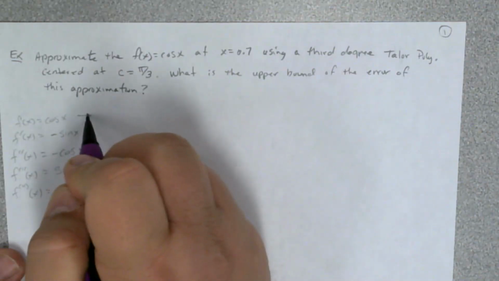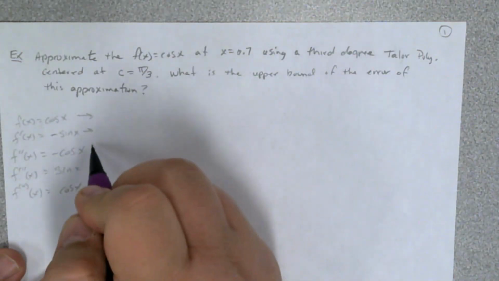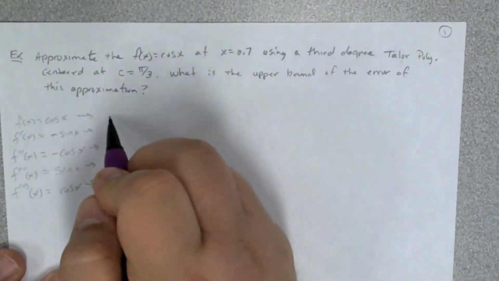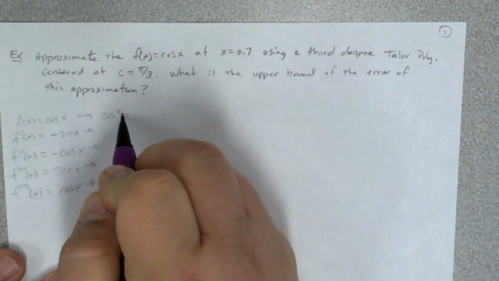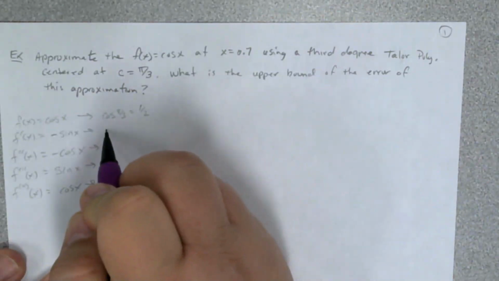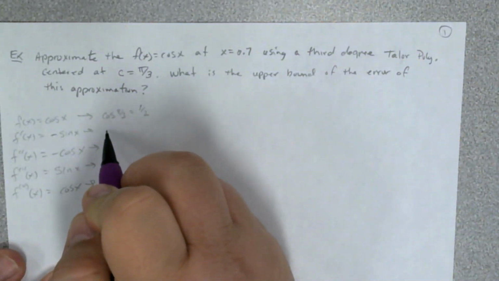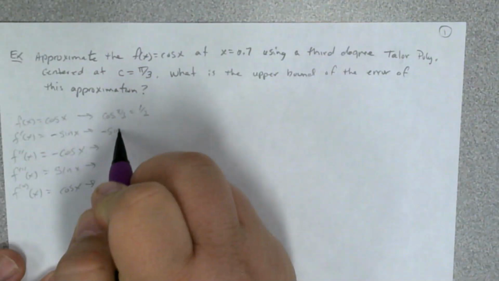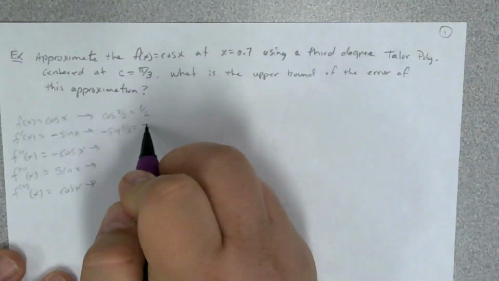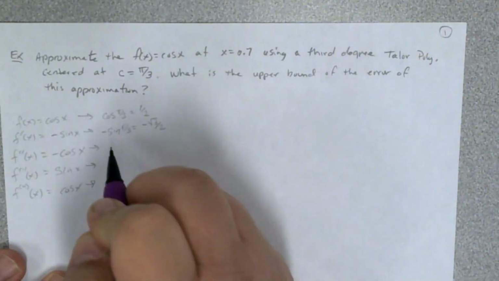We want to evaluate all of those at our point. So what is the cosine of pi over 3? We get 1/2. And over here we're going to do a negative sine of pi over 3, and that's negative root 3 over 2.